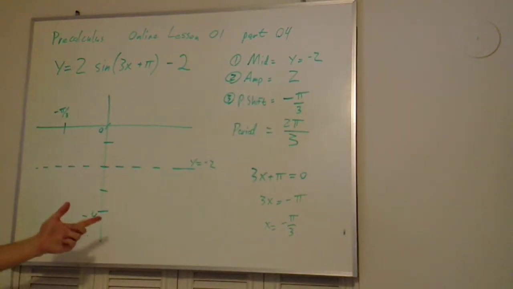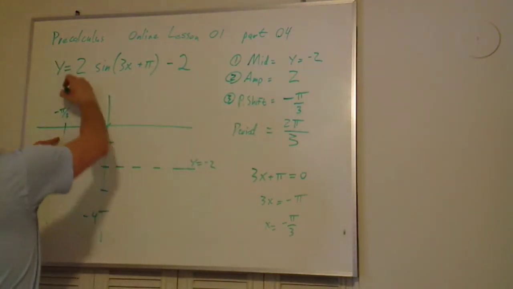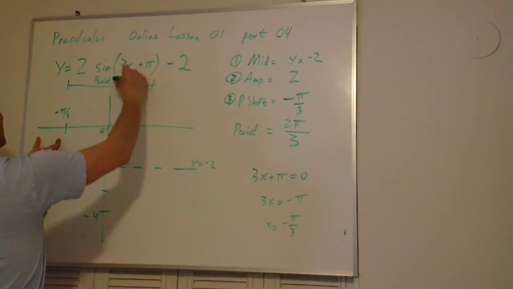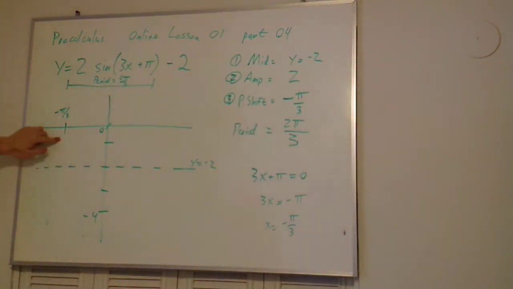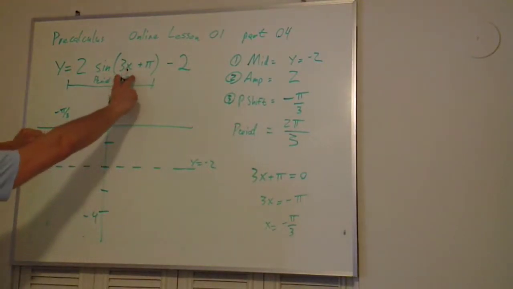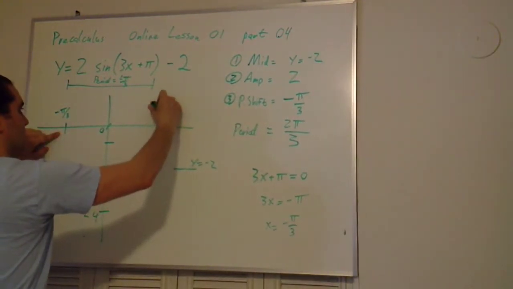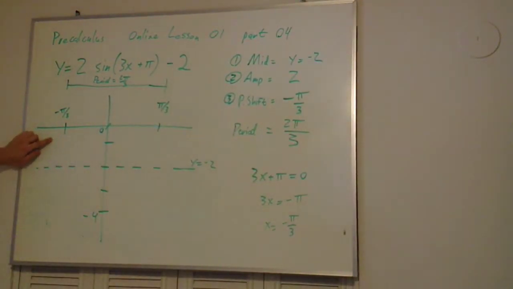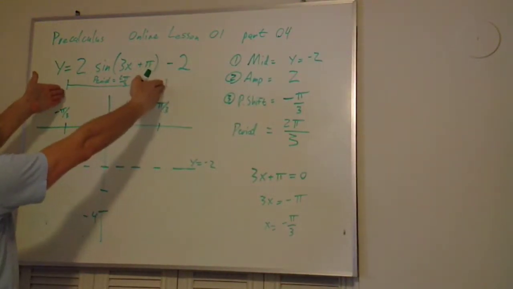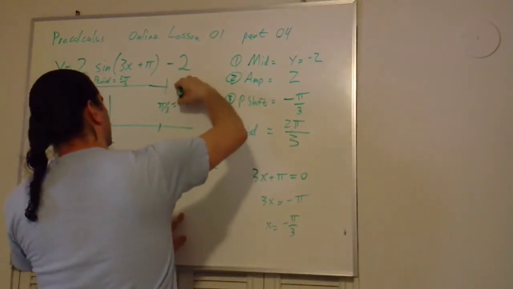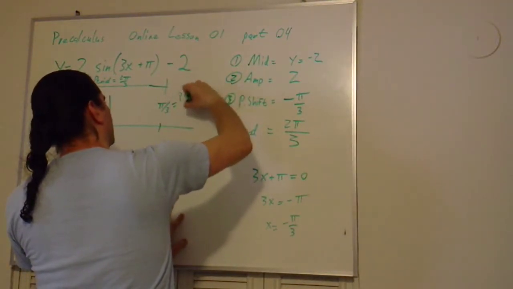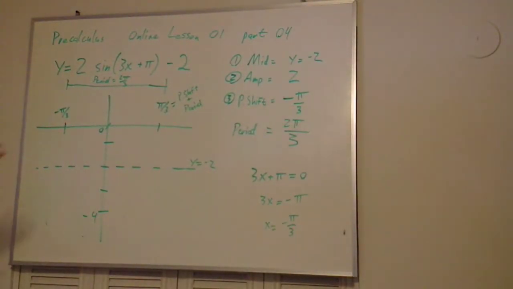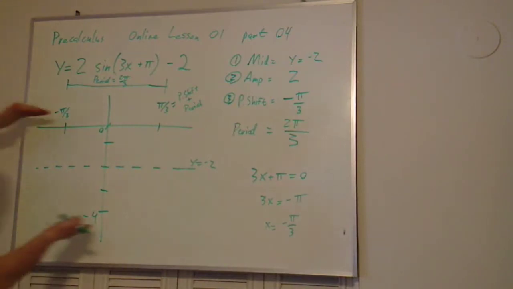The ending point, here's a very common mistake. Lots of people think the ending point is the period. It's not. The ending point is this distance past where you started. The ending point is the period plus the phase shift. So from this starting point, we have to go this distance to reach the ending point.